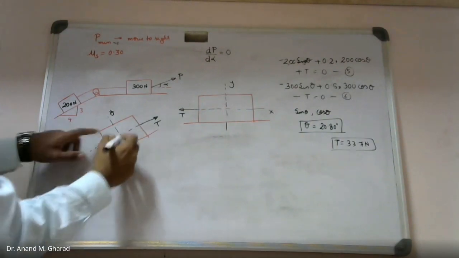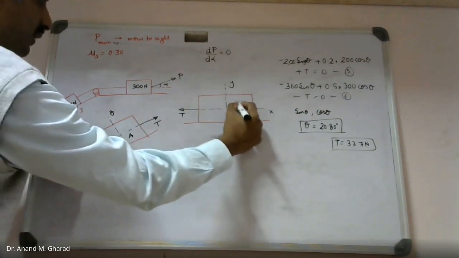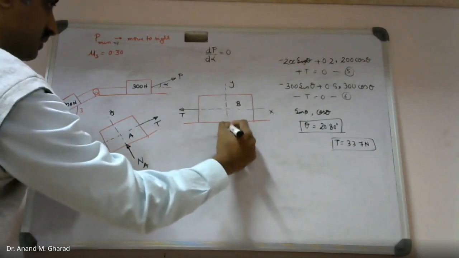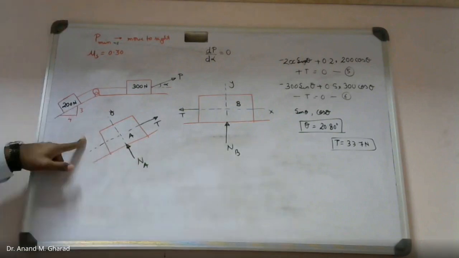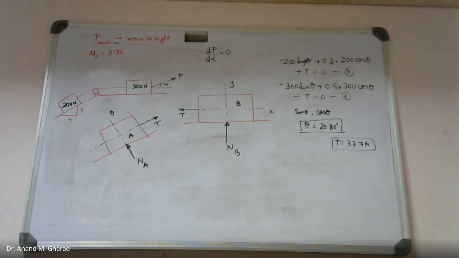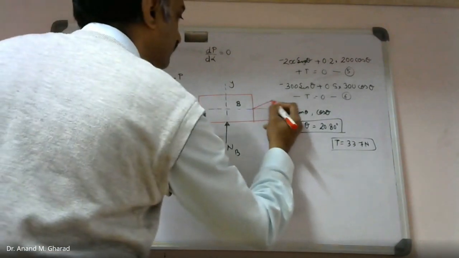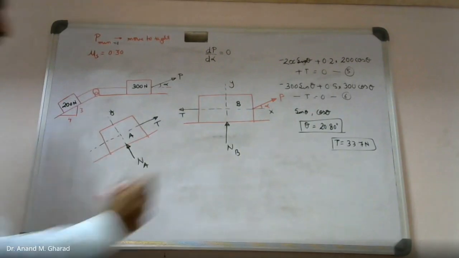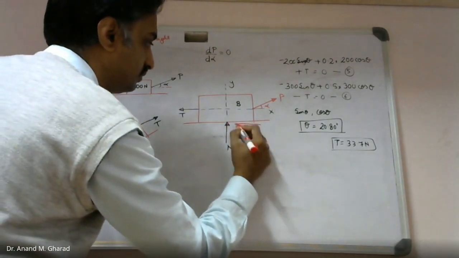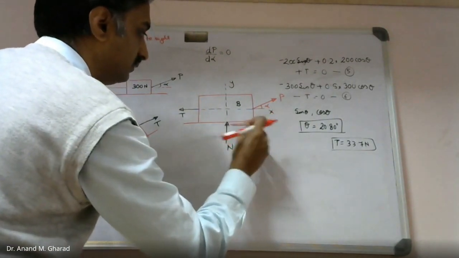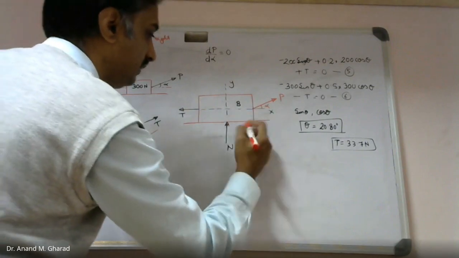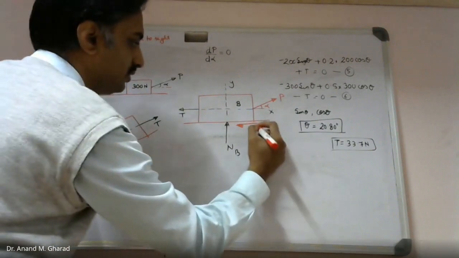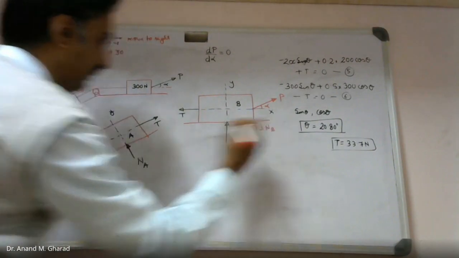Let me call this block A and this block B. So this will be NA. This normal reaction shall be NB. Now one thing is that this complete system is going to move in the right direction as mentioned in the numerical. That means the frictional resistance shall be in the opposite direction. Frictional resistance shall be like this. So this will be 0.3 times NB.